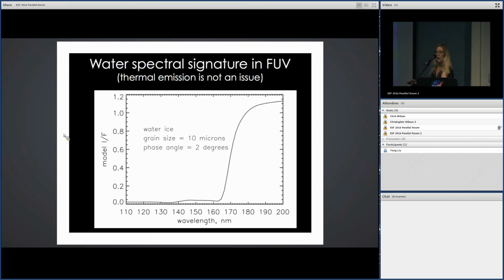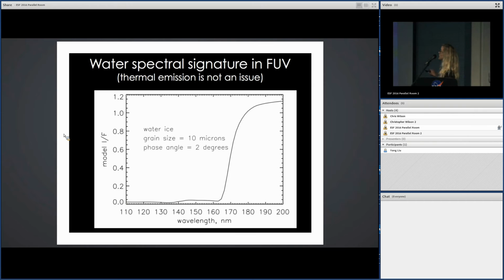Because of a lack of lab measurements, we don't know whether OH itself absorbs here, but we think there's a good chance that it does. So it isn't exactly clear whether LAMP senses OH or H2O, but we certainly sense a diurnal variation, as I'll show you. Thermal emission is not an issue at these wavelengths. I'll get back to the OH versus H2O question throughout the talk.